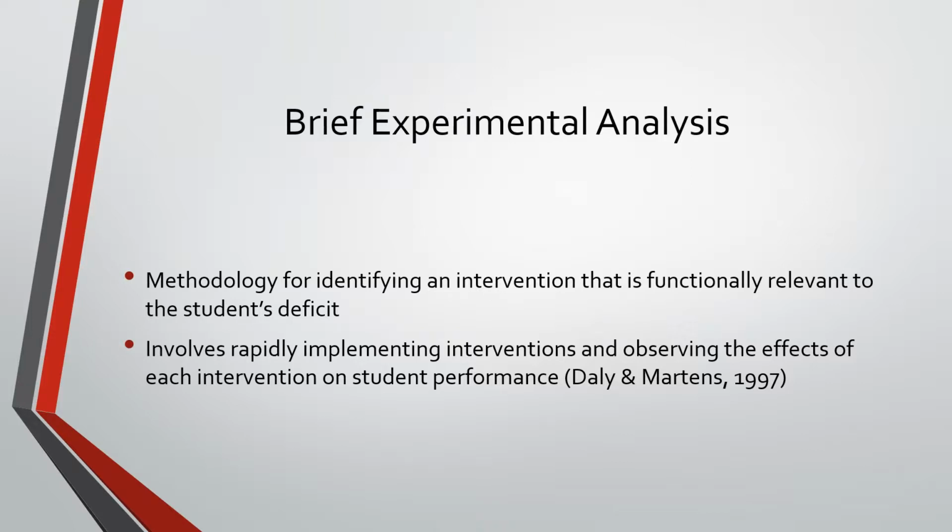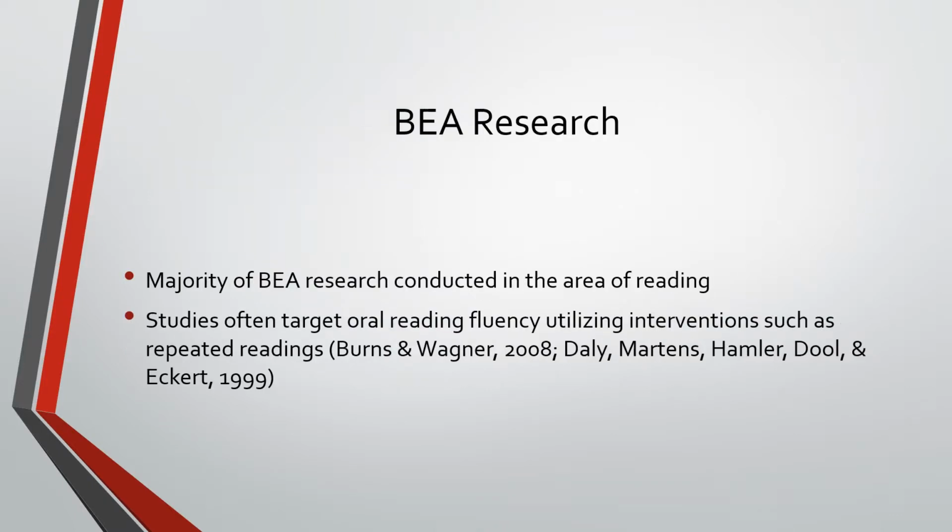So brief experimental analysis is a methodology for identifying an intervention that is functionally relevant to a student's deficit. This generally involves rapidly implementing interventions and observing the effects of each intervention on student performance. That way we can identify which intervention is most effective for a student.